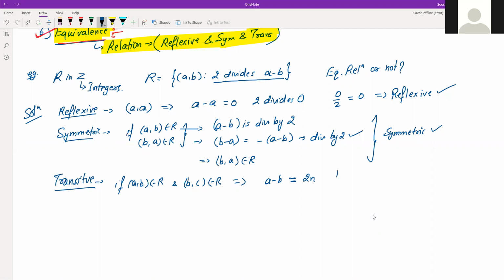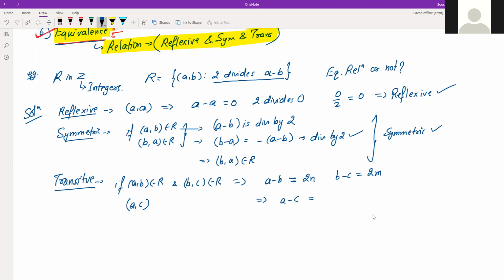And b minus c is also divisible by 2, that means it is also equal to 2 times some other multiple m. Now what do we have to find? If it is transitive, we also have to find whether (a, c) belongs to this relation or not.